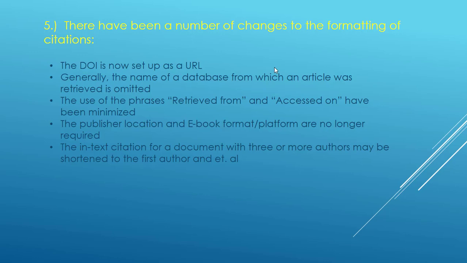Where it was published, the format it was in is not as significant. And the final note I have here for this section relates to in-text citations. At this point, when we have 3 or more authors for a given work, we can now reduce that when we're doing our in-text citation to just the first author and the abbreviation et al.